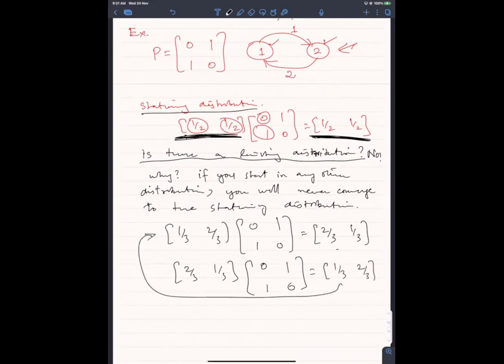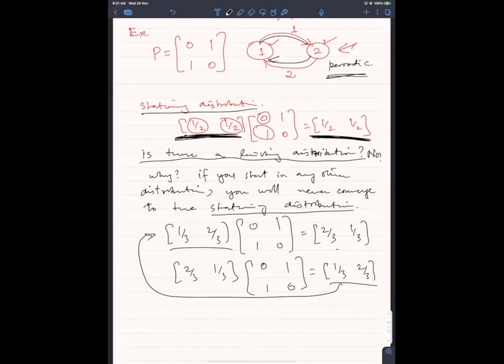So you will never, आप इन दो distributions के बीच में चक्कर खाते रहेंगे. You will never go to the stationary distribution. और ये हमें लग भी रहा है, ये 1 से 2 में चले जाएंगे, 2 से 1 में, 1 से 2 में, 2 से 1 में, and so on and so forth. कभी converge नहीं करेंगे stationary distribution पे.